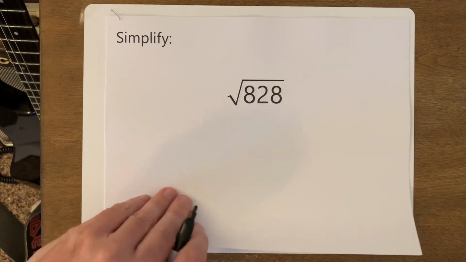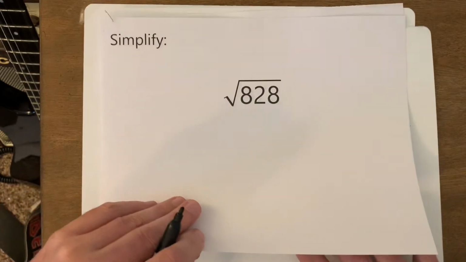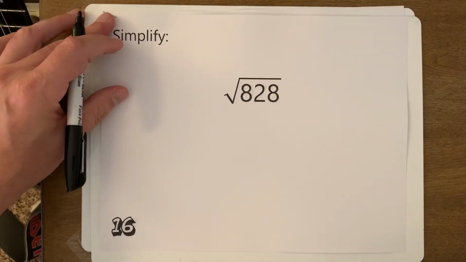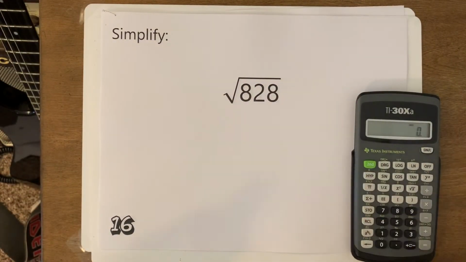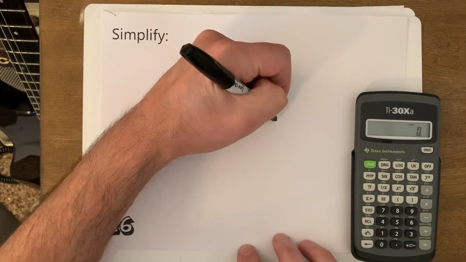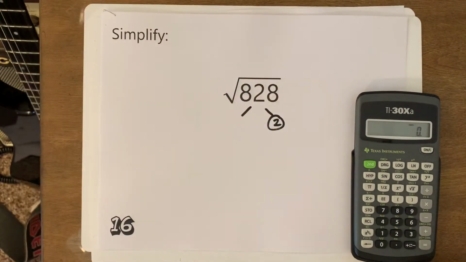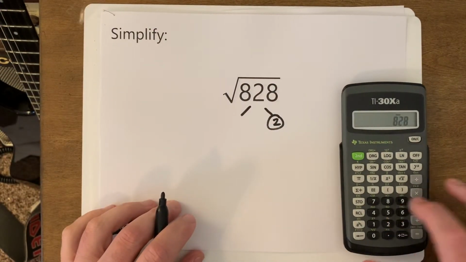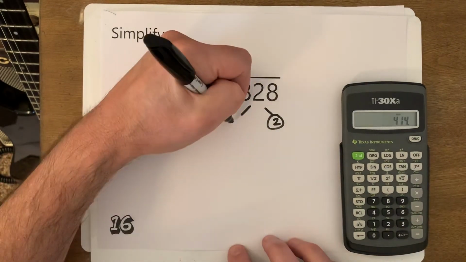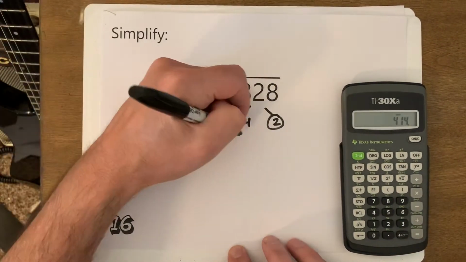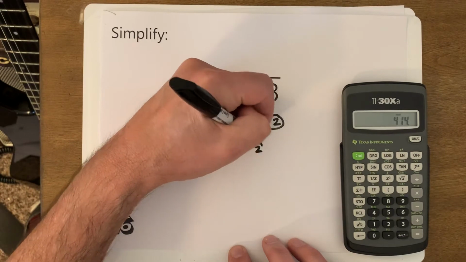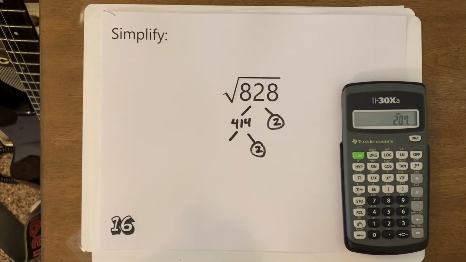All right, 828. Let's try that one. Okay, so let's go by 2 again. So we got 828 divided by 2, that's 414. Okay, let's divide it by 2 again because it's even. 207.